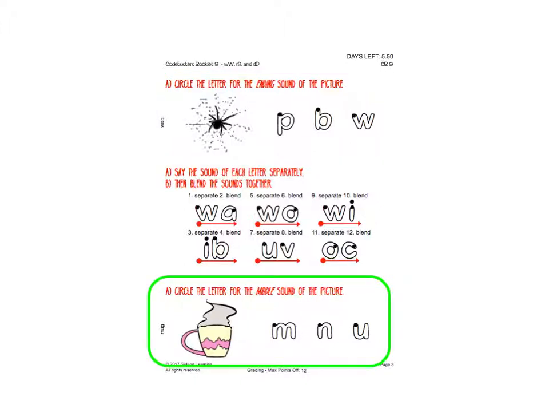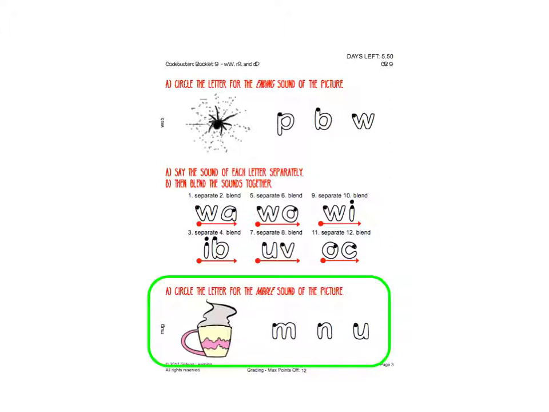The next activity, which is new in this booklet but will be seen throughout the rest of this series, is for your child to isolate the middle sound of a picture. So these are mainly going to be review words. In this instance, we're using the word mug. Once again, if your child struggles with this, just overemphasize the medial sound of the word. Mug, mug.